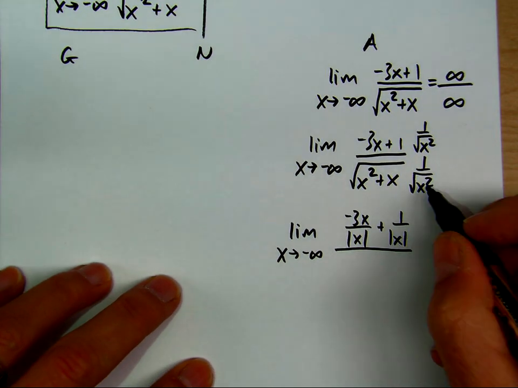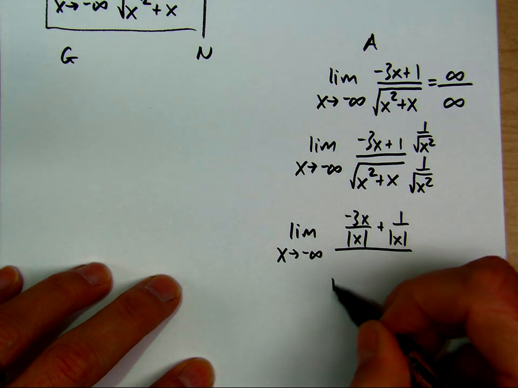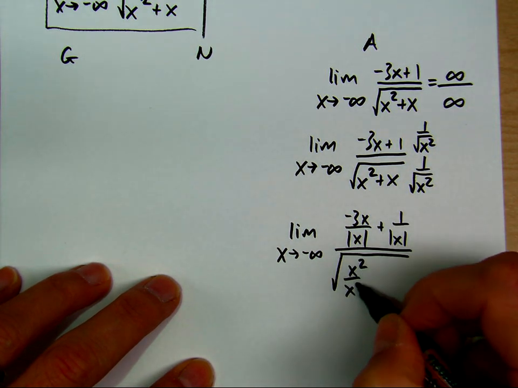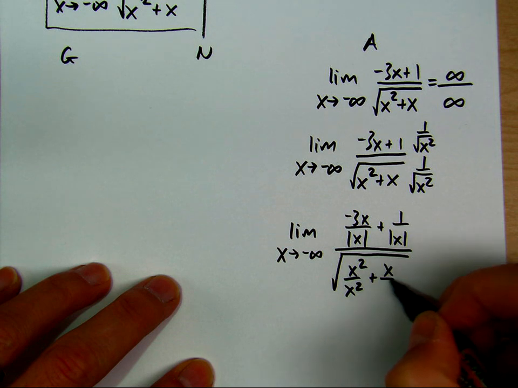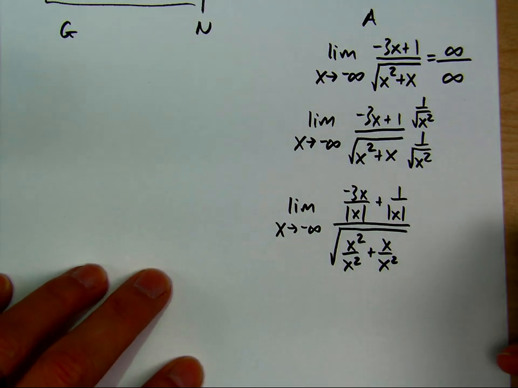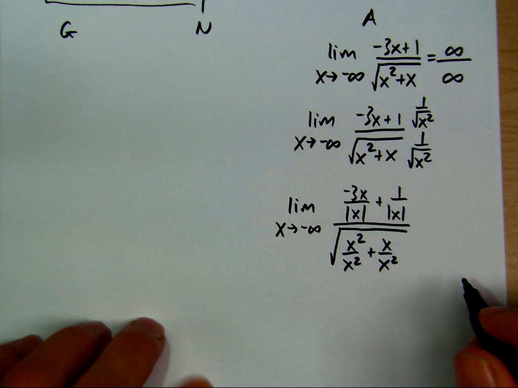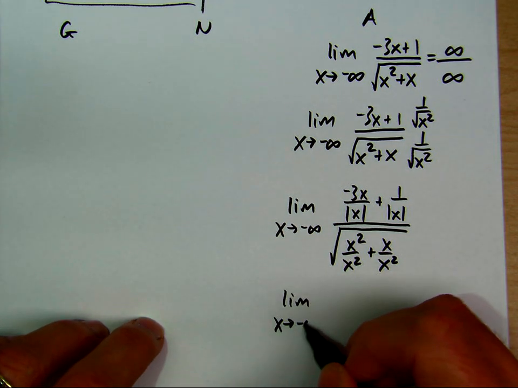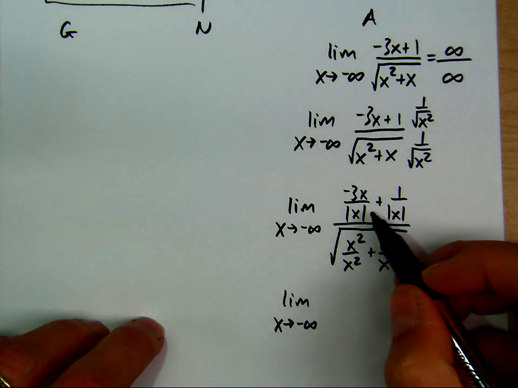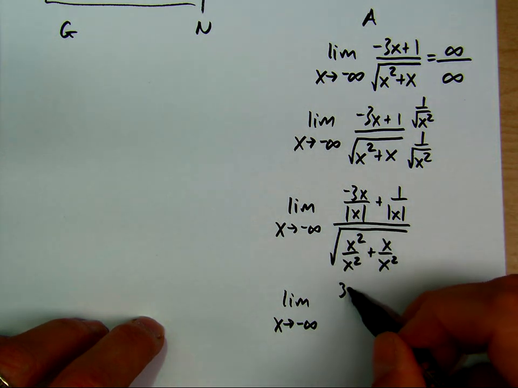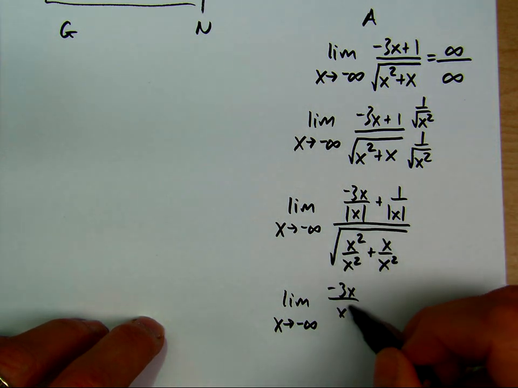And let's put that x squared inside. So we have x squared divided by x squared. Let's just rewrite the denominator.